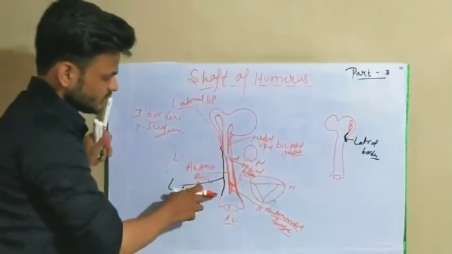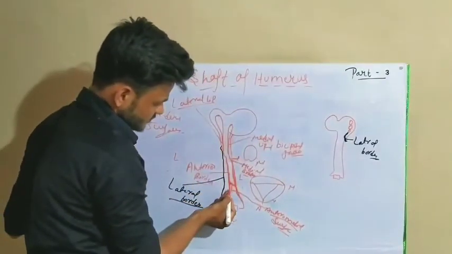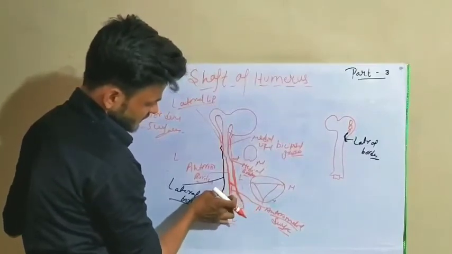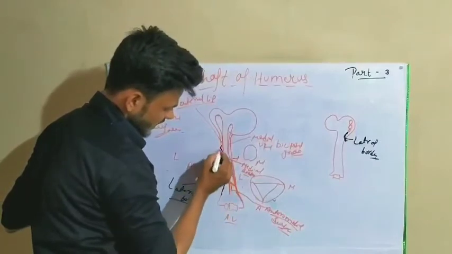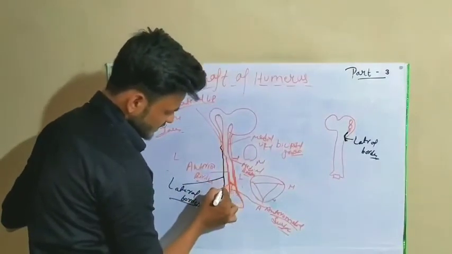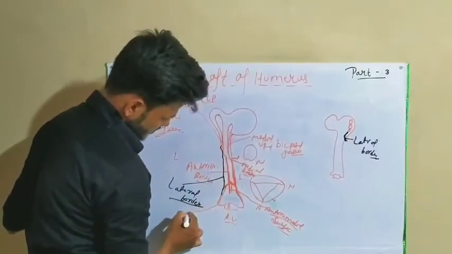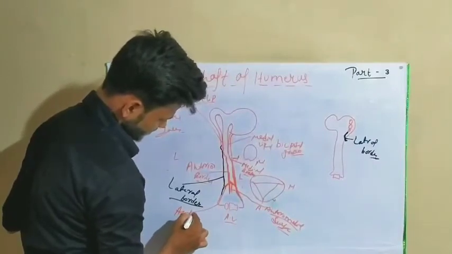The other surface is present between the anterior border and the lateral border. This surface is called the anterolateral surface.